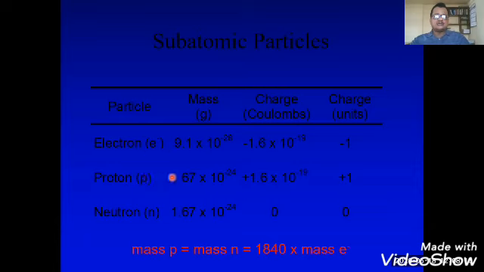They have a mass of 1.672 × 10^-24 gram, and their charge is equal to the charge of the electron but positive. The neutron is slightly heavier than the proton, at 1.674 × 10^-24 gram, and carries no charge. The proton is about 1840 times heavier than the electron.